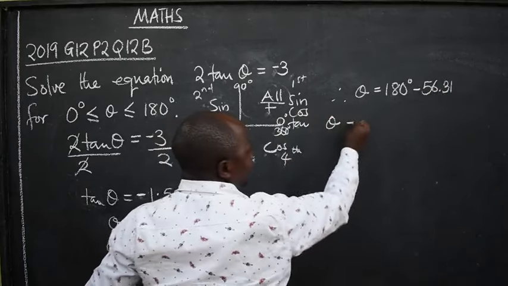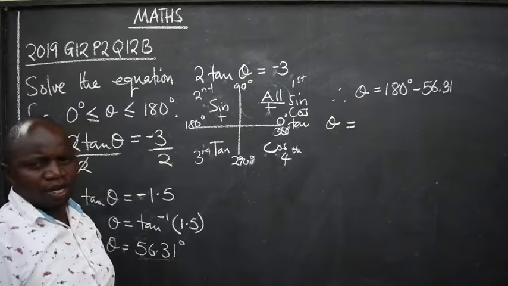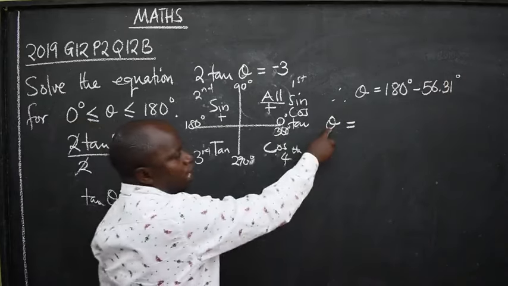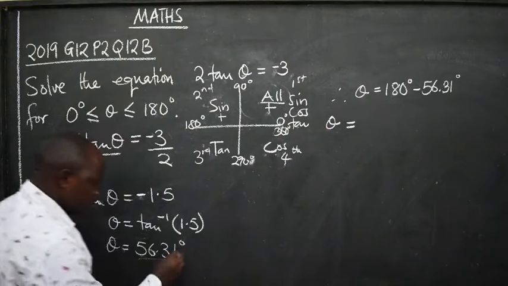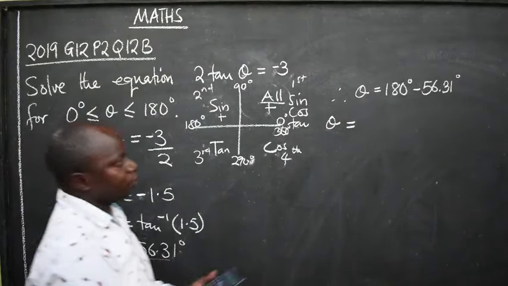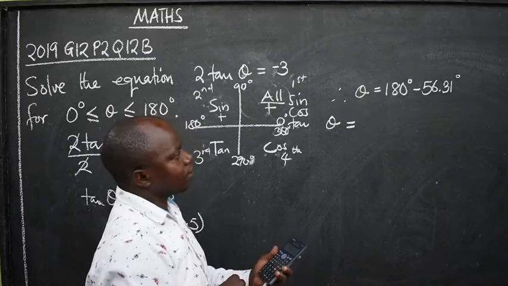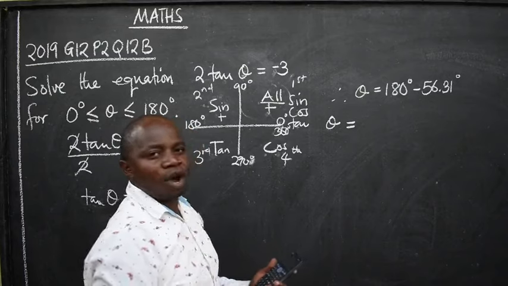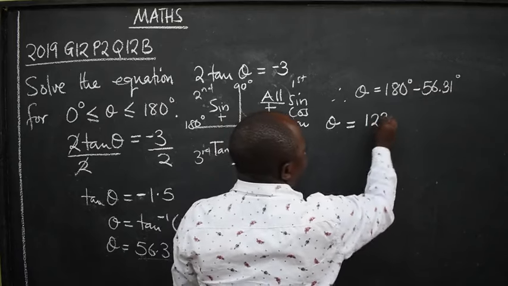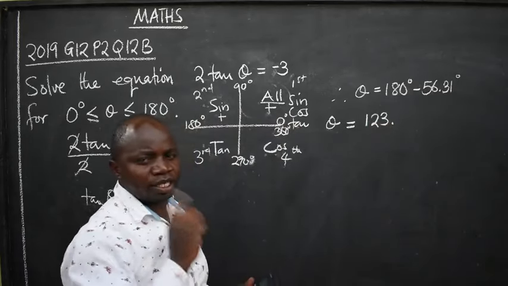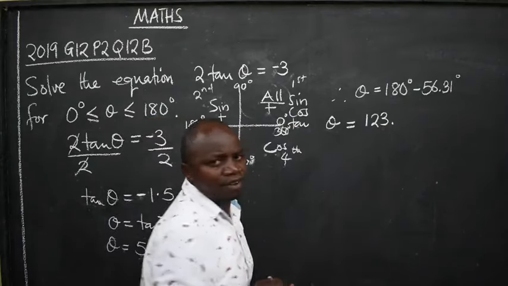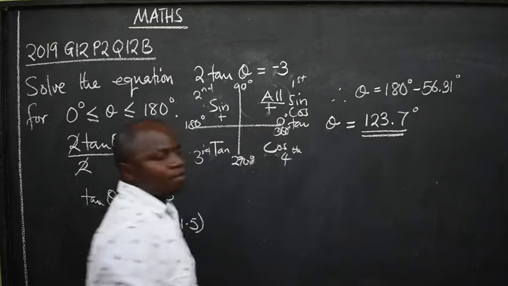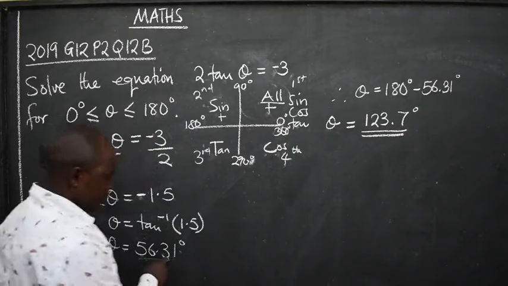Then we use the calculator and find the answer. This now will be the final answer, not this one. So we're going to say 180 minus 56.31. The answer will be 123.7 degrees, rounded off to one decimal place when you are writing the final answer. So now this becomes the final answer, not this one.